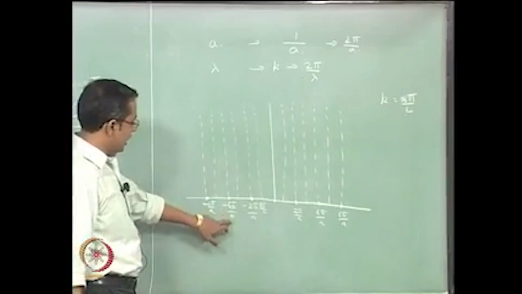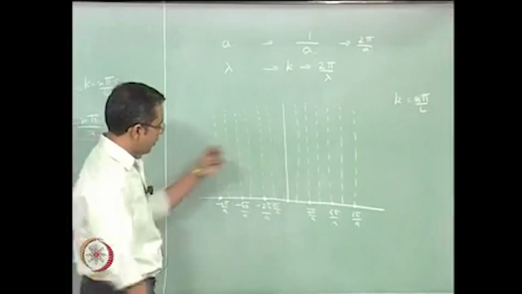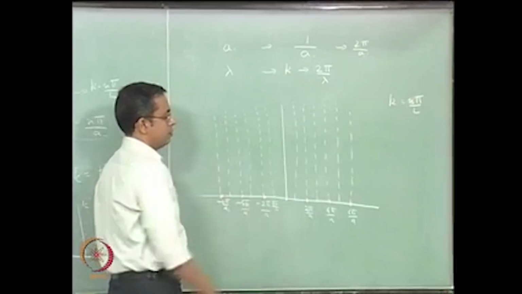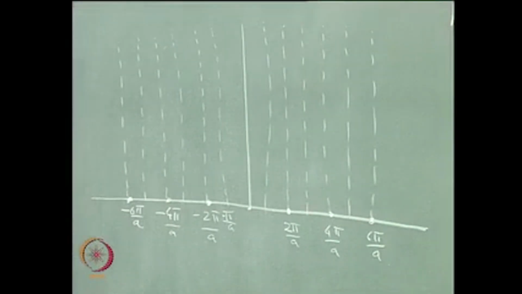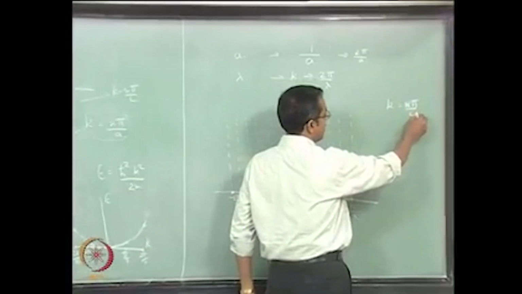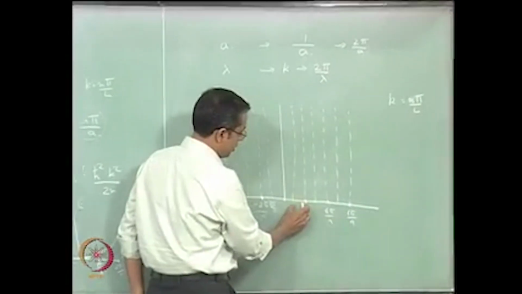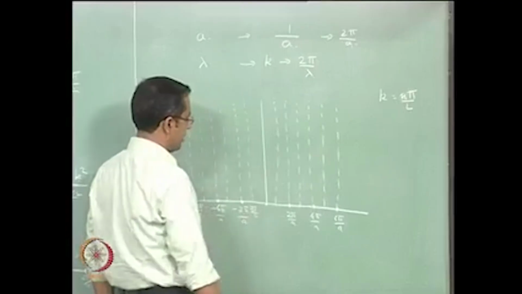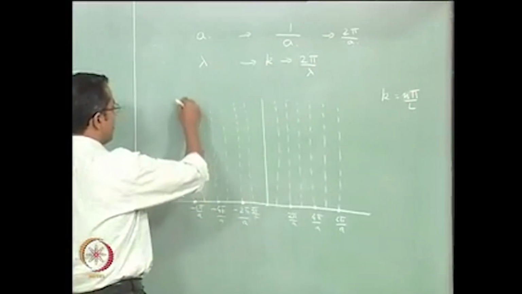So drawn to this scale, because L is very large, you will have several values of n pi by L between 0 and pi by a. L is a very large number, a is a very small number, as we just discussed, therefore pi by a is a very large number, which is up to here, and pi by L is a very small number. So you will have several points between this and this.